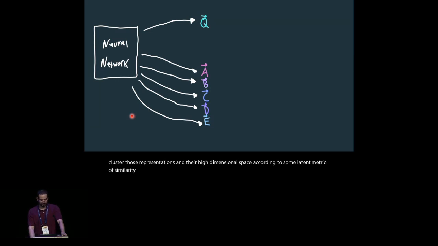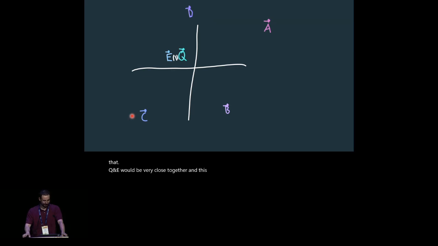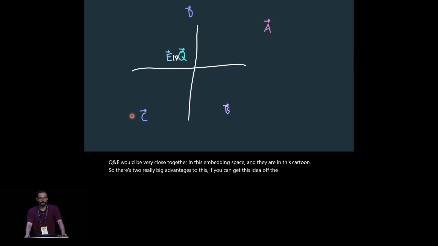So in our example, Q and E were the most similar sequences. And so we might expect that Q and E would be very close together in this embedding space. And they are in this cartoon. There's two really big advantages to this if you can get this idea off the ground. One is that perhaps neural networks can learn subtle patterns of similarity that are meaningful but very subtle and hard for classical methods to recognize.